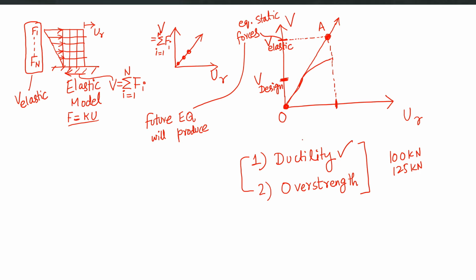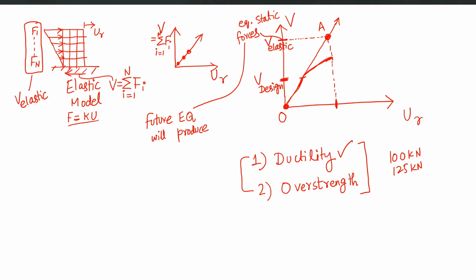Because of the overstrength, it will not just yield and become flat at this point. In a real earthquake case, it will show some overstrength beyond the point at which it was designed. And at the same time, the ductility capacity will not let the structure collapse or have significant damage up till the design level earthquake.